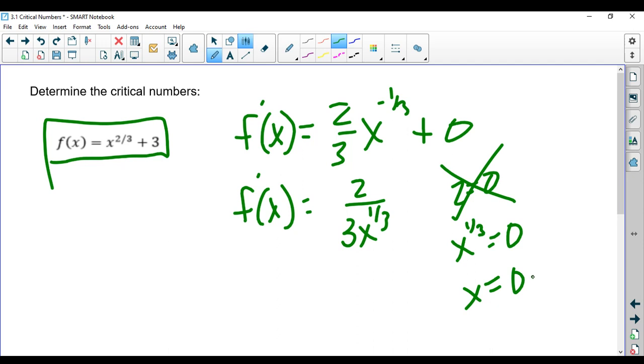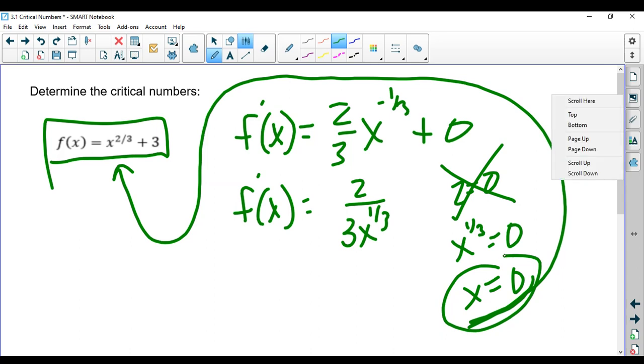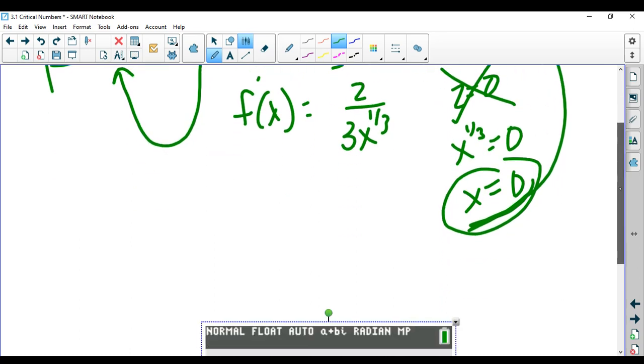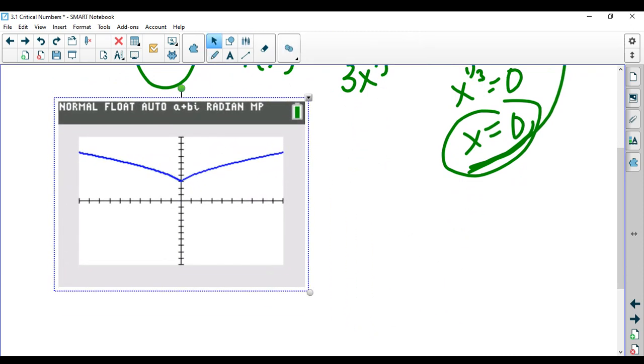Determine if that's defined in the original function. In other words, can you plug in 0 to this function? And the answer is, of course you can. It'd just be 3. So x equals 0 is a critical number. This is an example where the critical number made the derivative undefined. And just like the last one, you're going to look at the graph just to make sure it makes sense.